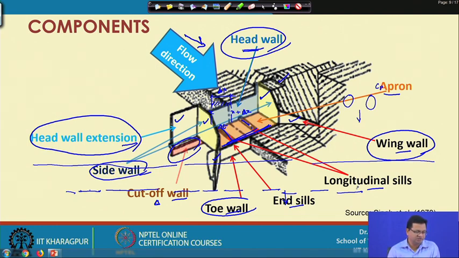The longitudinal seals are constructed lengthwise parallel to side walls to make the apron stable, and this is the apron. It is constructed for dissipating the maximum kinetic energy of falling water by creating hydraulic jump, so that the velocity of tailwater is significantly reduced.